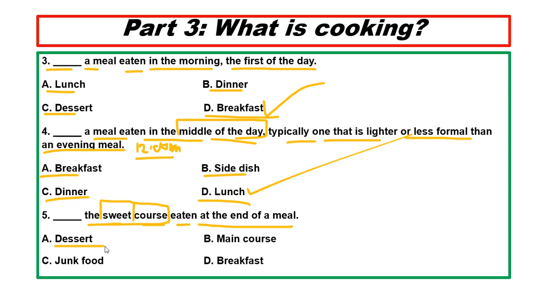A, dessert. B, main course. C, junk food. Or D, breakfast. Letter A, so that is the dessert. You eat some cakes, brownies, so that is sweet and belongs to the dessert.